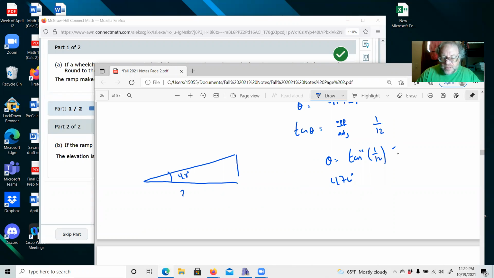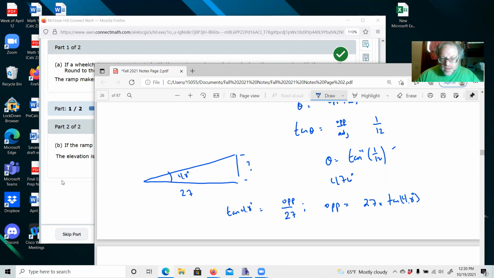They said the ramp is 27 feet long, and they would like to know what this is. So the tangent of 4.8 degrees is equal to the opposite over the adjacent. Solving for the opposite, that's equal to 27 times tangent of 4.8 degrees.